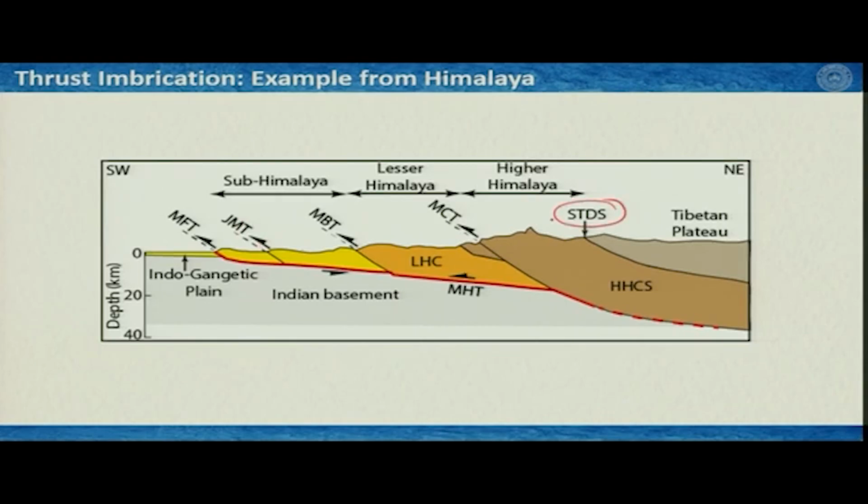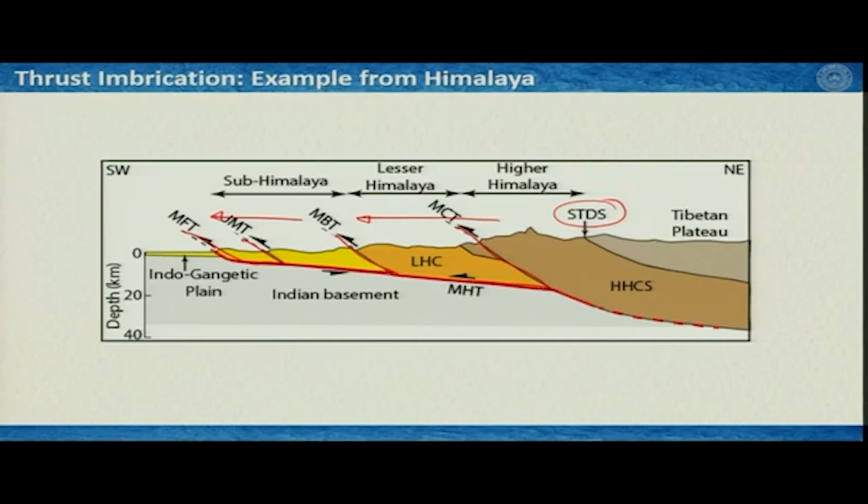So this is where things started. Initially we formed this, then this, then this, and now this one. This is exactly what we have seen in the previous illustration, that one after another the imbrication thrust is propagating, and in this case the floor or sole thrust is the MHT, the main Himalayan thrust.